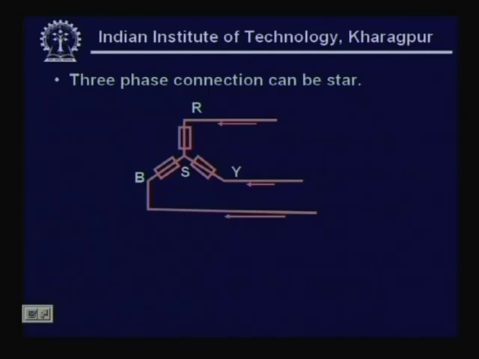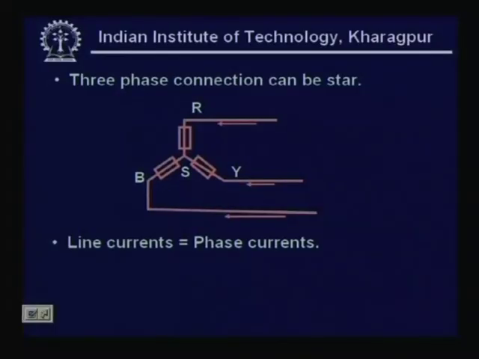Once again, instead of having 6, we are able to do with 3 lines, and one could easily observe the phase currents are equal to line currents, whereas the phase voltages are not equal to line voltages. Phase voltages are obviously less than the line voltages.